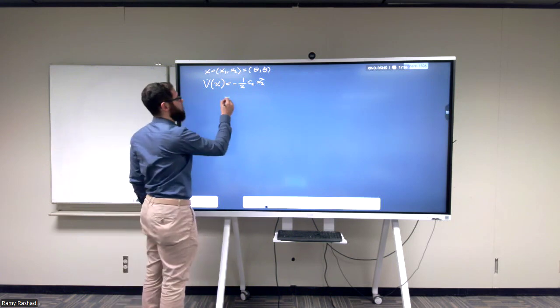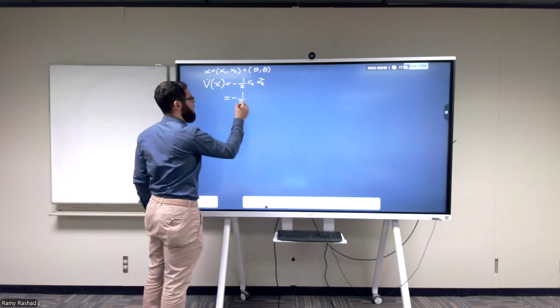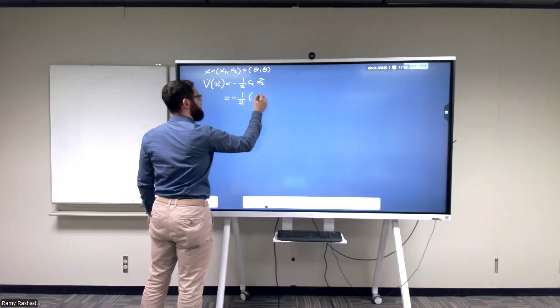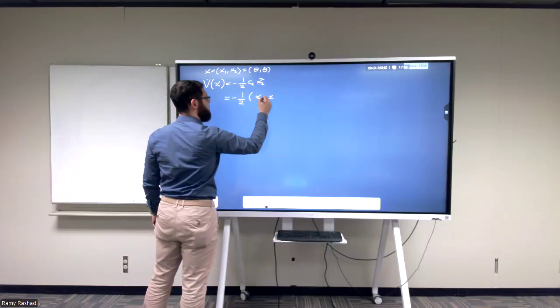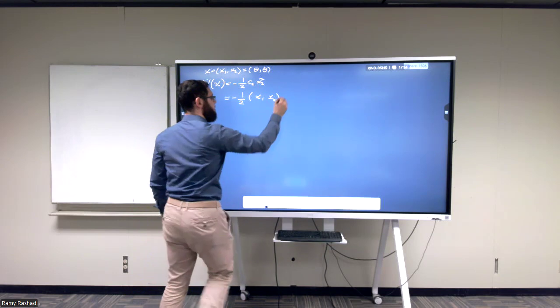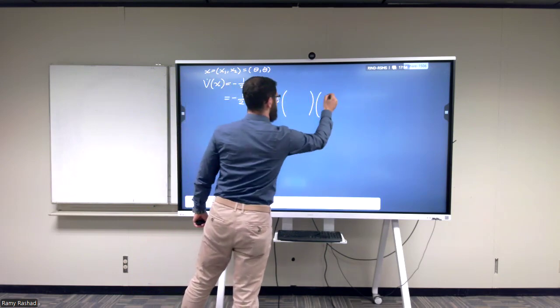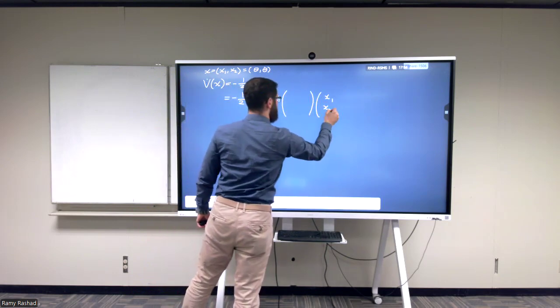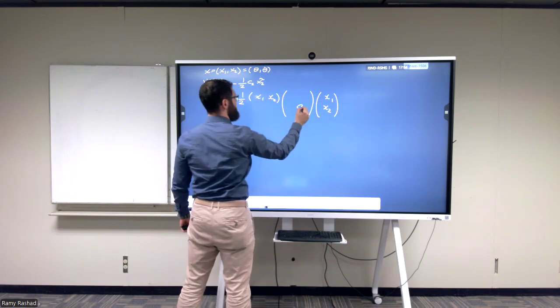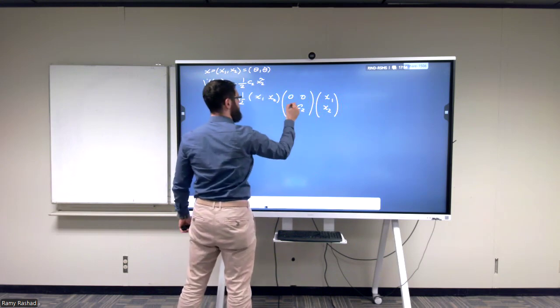What does this look like? It looks like half x1, x2 multiplied by a matrix and then multiplied by x1 and x2. We have here c2, and we have here 0, 0, and 0.